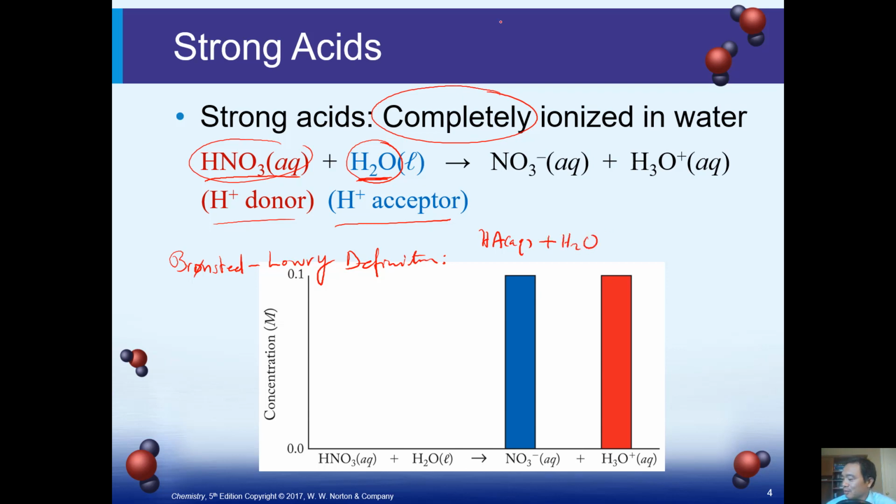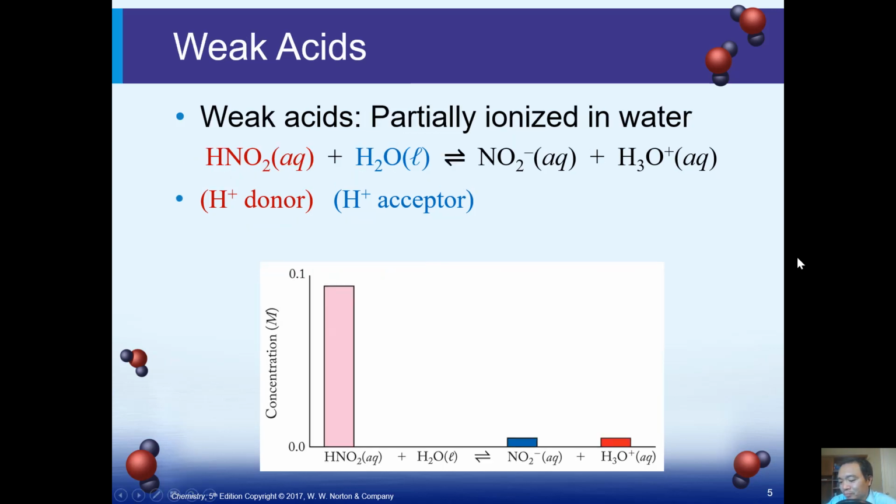In this process, HA represents a generic acid, for any acid. When it reacts with water, it donates that proton, so HA becomes A minus. At the same time, because water picks up one proton, it becomes hydronium ion.